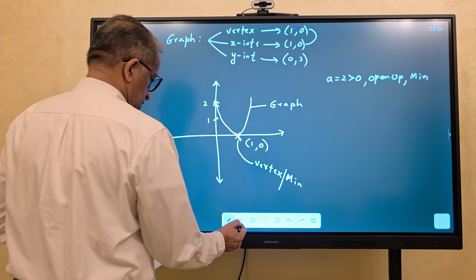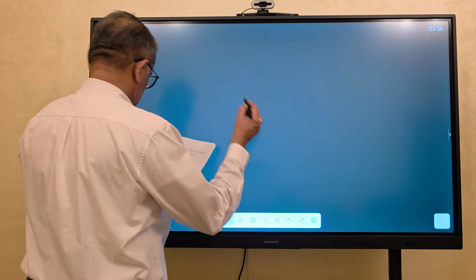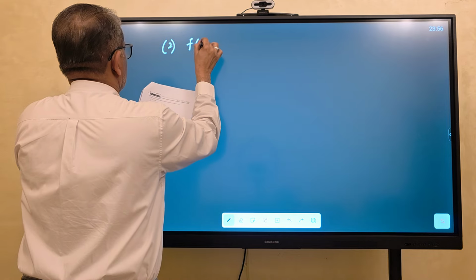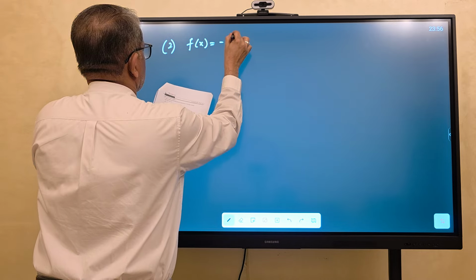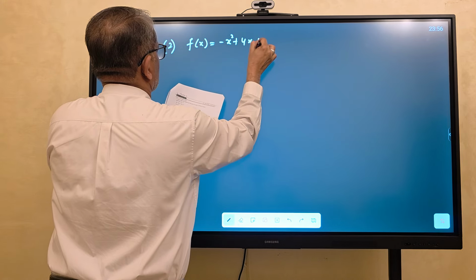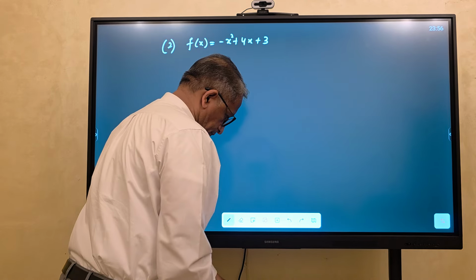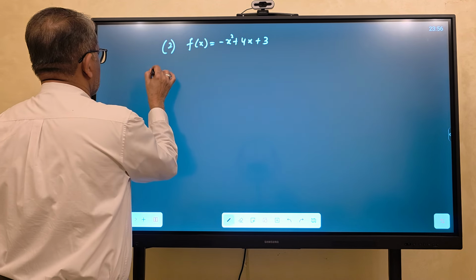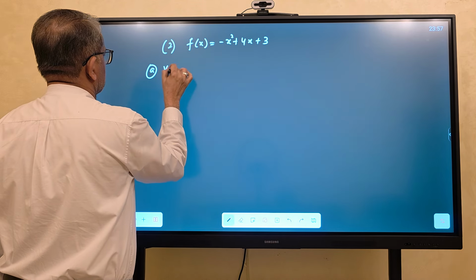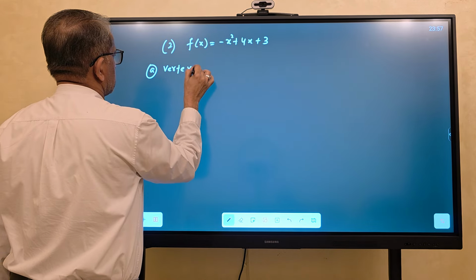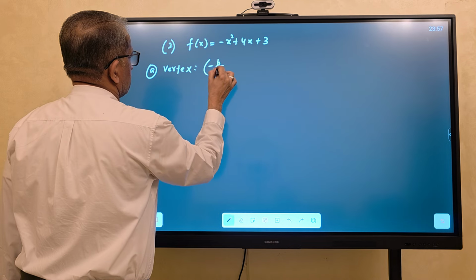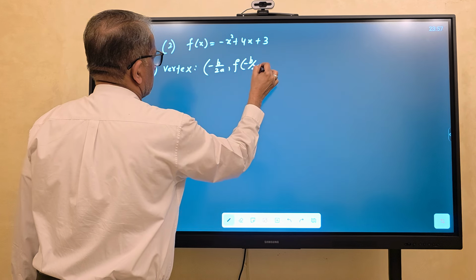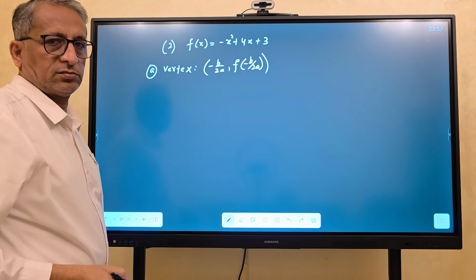Let's do another question. Number 2. F of x is equal to minus x square plus 4x plus 3. Okay, let's start. A, vertex. Same formula, minus b by 2a, f of minus b by 2a.